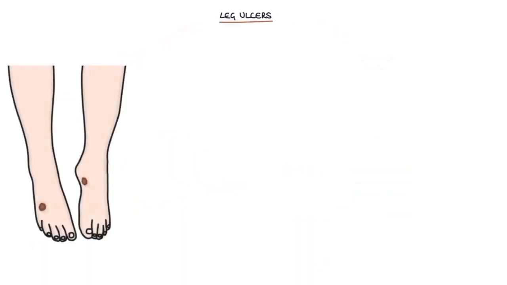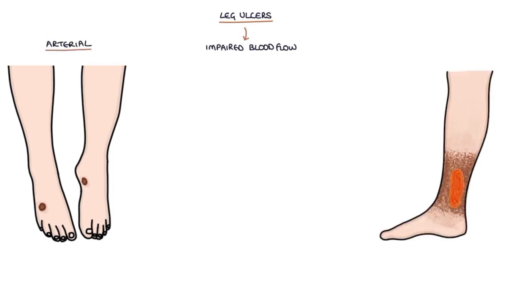Next, let's talk about leg ulcers. Leg ulcers indicate the skin and tissues are struggling to heal due to an impaired blood flow. Some features help you distinguish between arterial and venous ulcers. Arterial ulcers are caused by ischemia secondary to an inadequate blood supply.